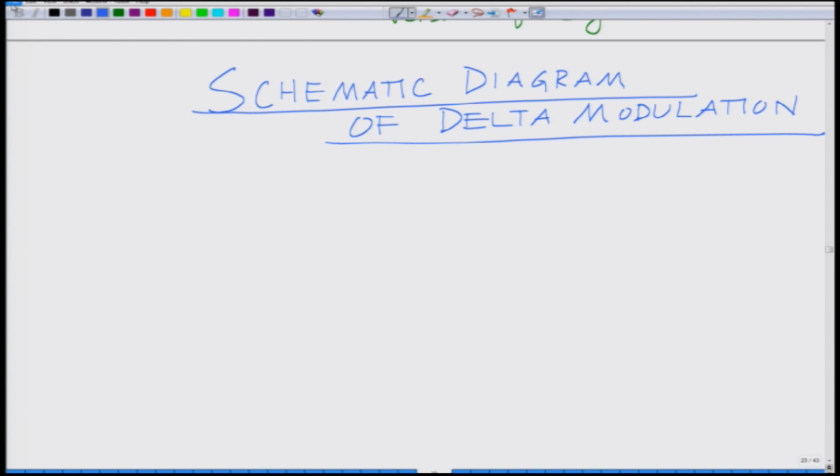If you look at the schematic diagram of delta modulation, you are going to have the sample M[n], this is the sample at time instant n.